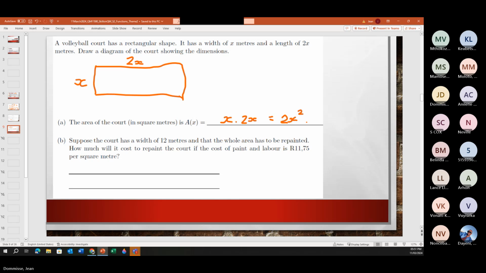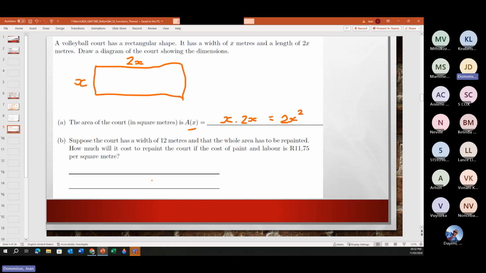In study unit 1, we looked at perimeter, adding all the sides, area, where it's one side times the other side, and volume. Here they ask us the area, which is one side times the other. So the area is 2x to the power of 2.